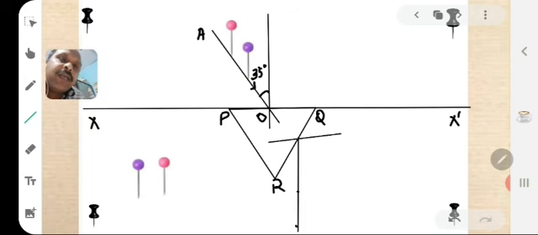So this would be the normal, and then we shall draw the refracted ray.